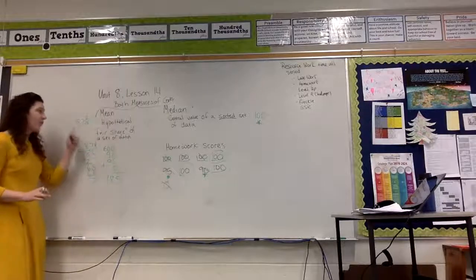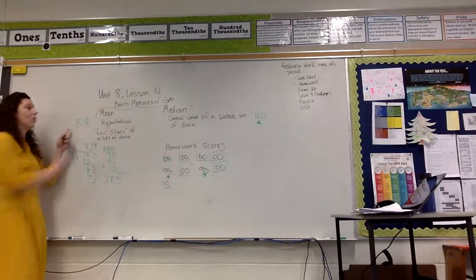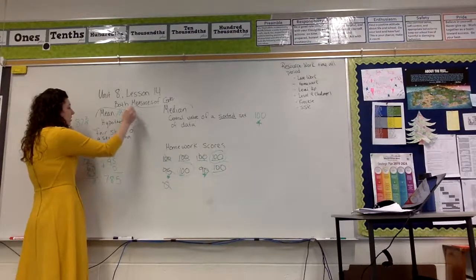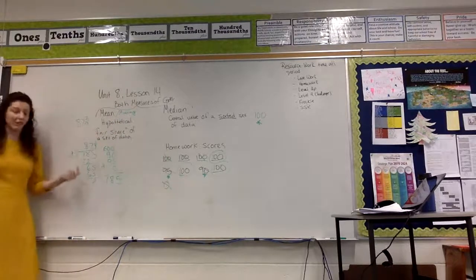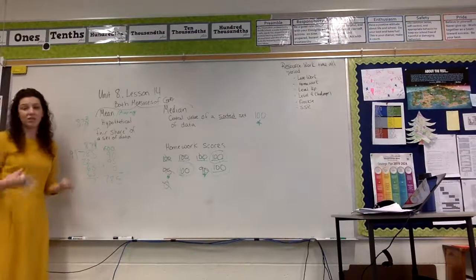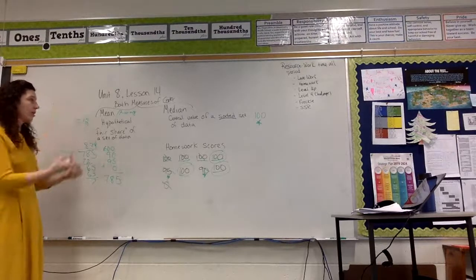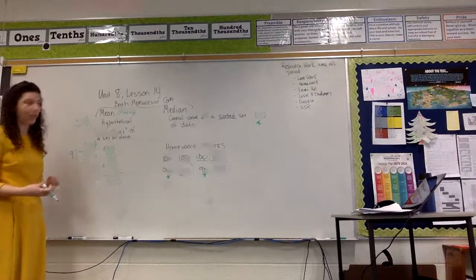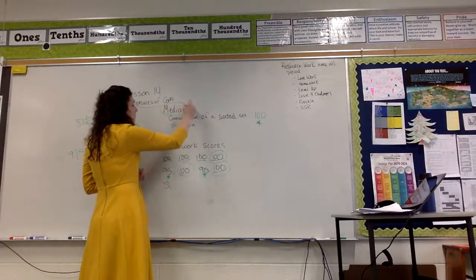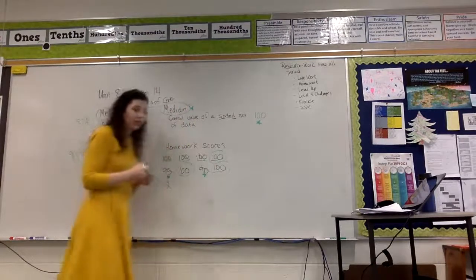Now that 0 affects our mean or our average significantly, right? Because since we're splitting it up, this score doesn't have any points to share with the other scores. It really brings that mean or average down. So in this situation, I would say that the median is a better representation.